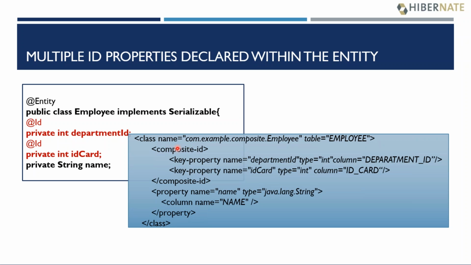As we have the composite key in the relational database management system, that is the key comprised of more than one column. In the same way, if you want to create it in Hibernate, you will be using the element composite ID. Within that, you will mention the names of the columns which you want to consider as the primary key. Key property name is equal to department ID, column is equal to department ID, and again card ID.